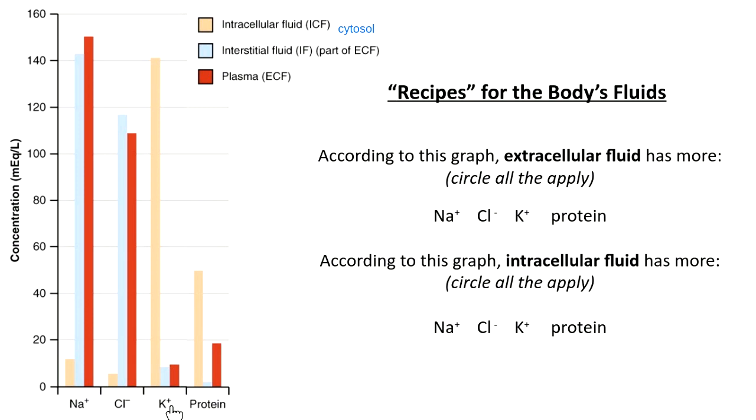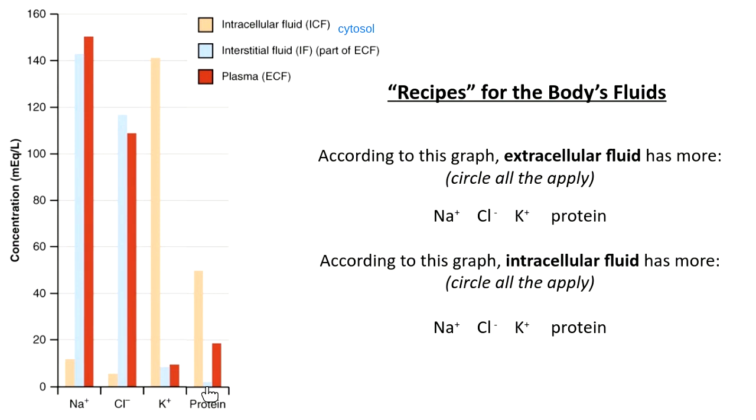The last category on this graph is proteins. Notice that I have a whole lot of proteins inside my intracellular fluid. Now, granted, the concentration isn't as high as we see of some of these other ions, but it's still much higher, that concentration in cytosol, compared to the concentration in interstitial fluid. We discussed how we would also say that plasma has a high level of proteins as well, at least high compared to interstitial fluid.